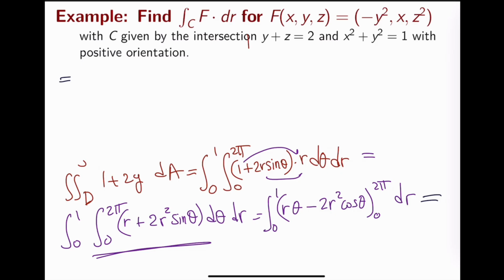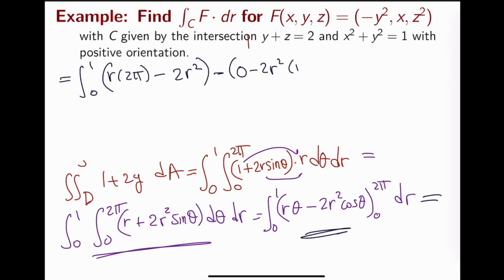This is going to be equal to the integral between 0 and 1, and now we evaluate this one at 2 pi. So we're going to get here, and then evaluated at 0, we will get cosine of 0, which is 1.